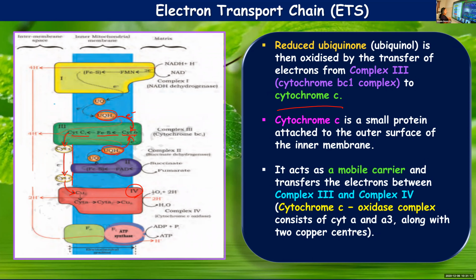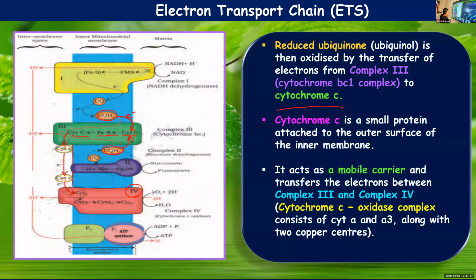It becomes ubiquinol. And ubiquinone is not only accepting electrons from complex 1, it does accept electrons from complex 2 also. And I told you not to get confused with the order. After complex 1, complex 3 is given, then 2, then the remaining in order, 4 and 5.